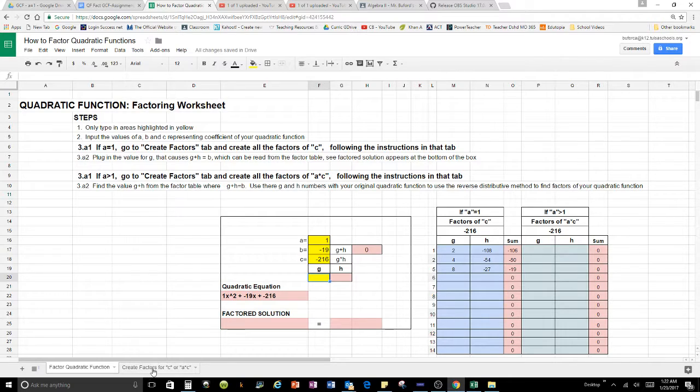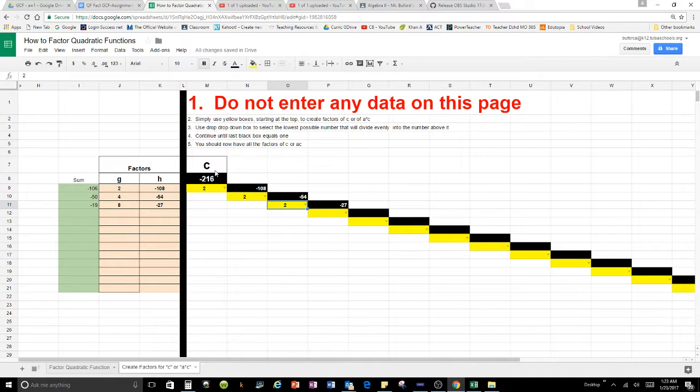So let's go to the create factor table. We should already have this minus 216 here. Let's start fresh and delete these values.